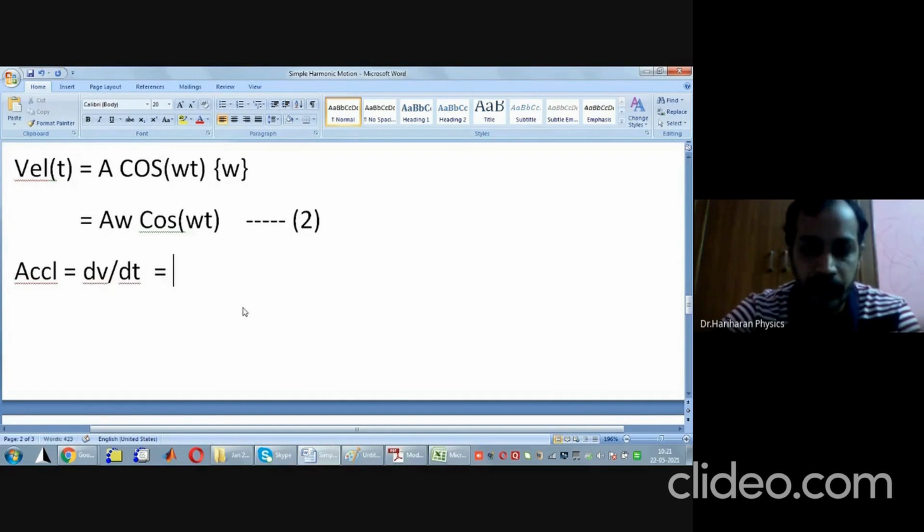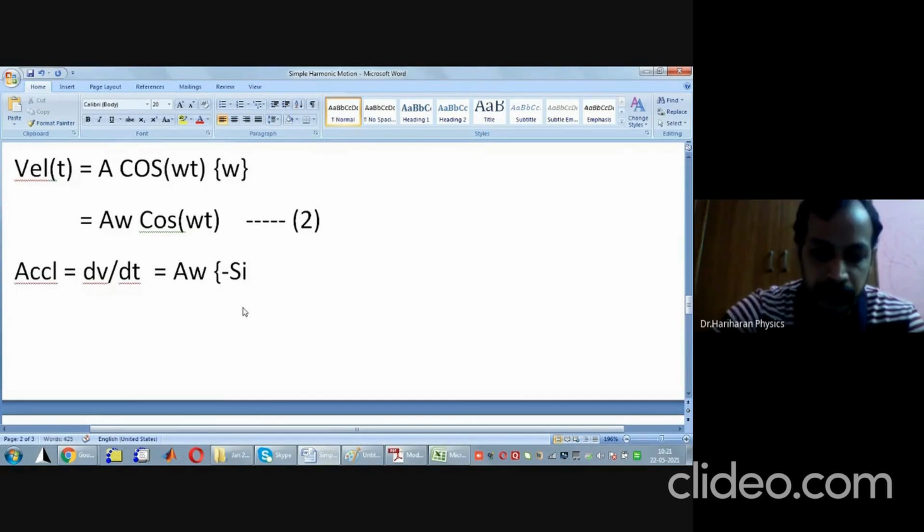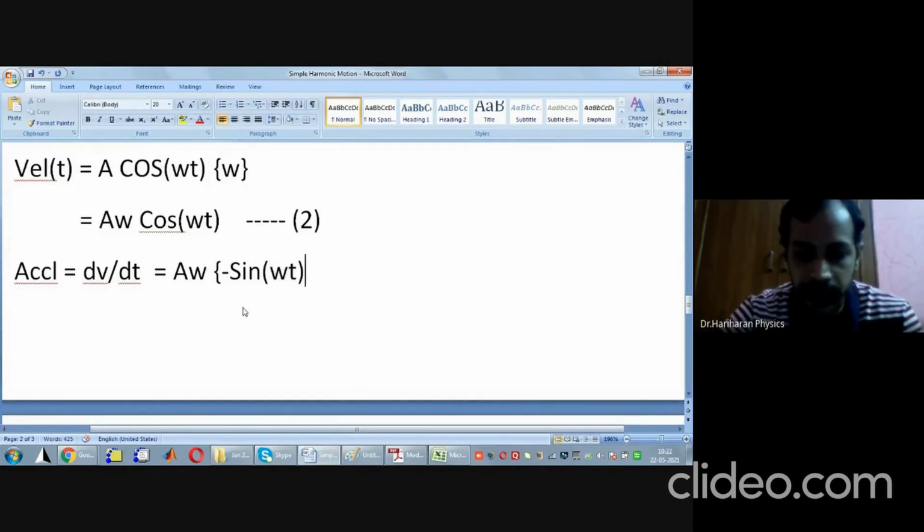This will be equal to, I have A omega. What is d by d theta of cos theta? Minus sin theta, correct? So this will be equal to minus sine of omega t. And what is d by dt of omega t?